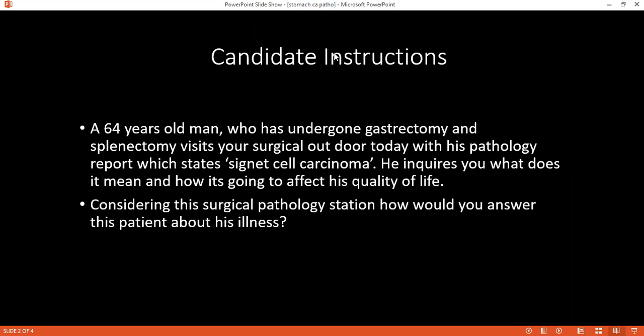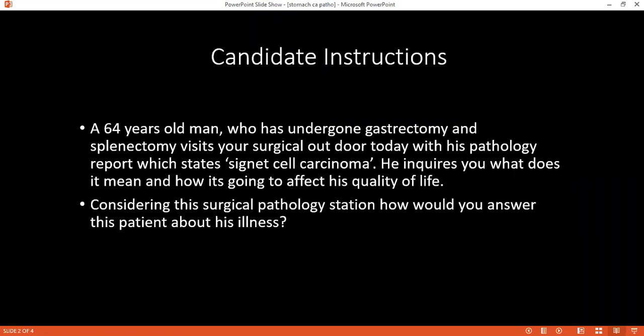Okay. I'm going to explain to the patient that the histology of the tissue sample that we took shows that he has a stomach cancer, and that this cancer is affecting his food intake and storage. How this can affect him depends on the extent of the tumor and the remnant of the stomach.